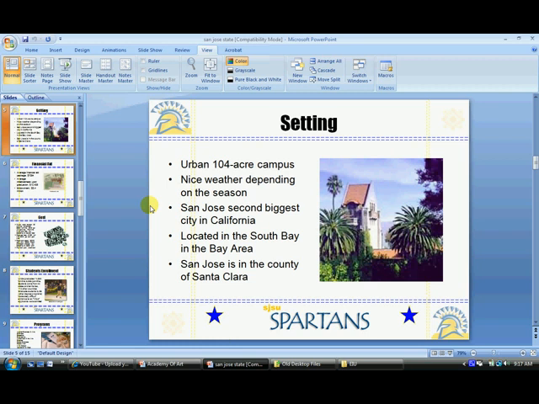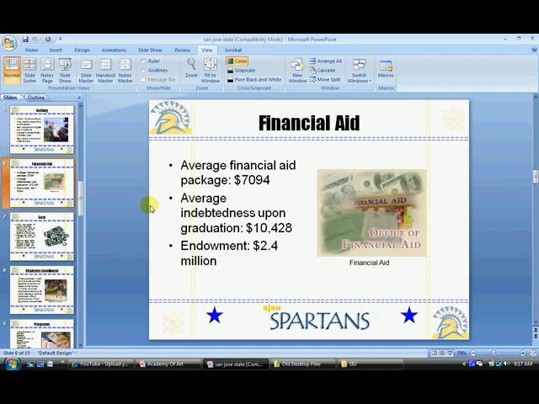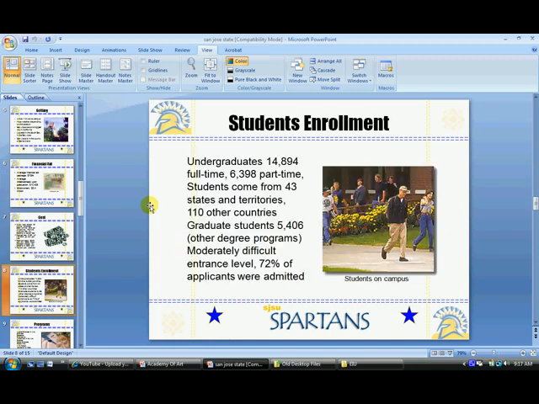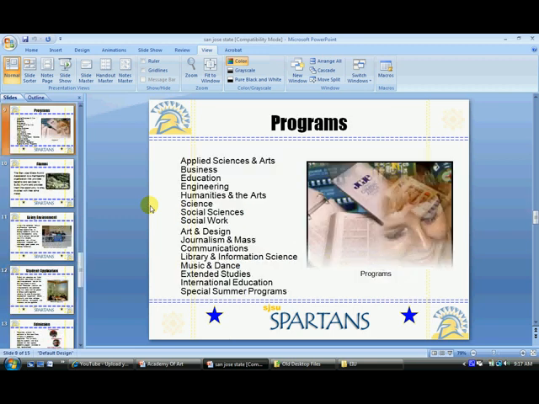What else did he do well? Come on, you guys, stay with me. What else did he do well? Pictures in the same place. Good location. What else? Good information.